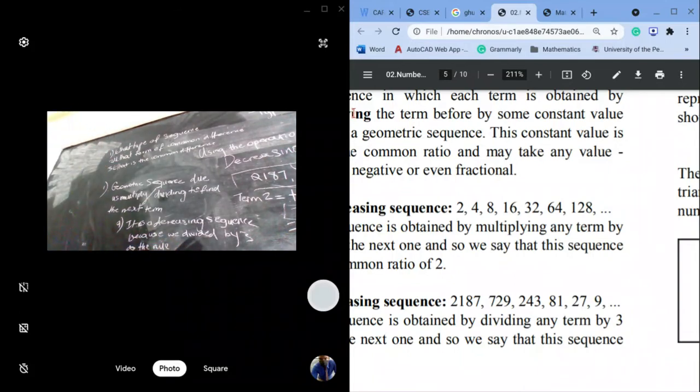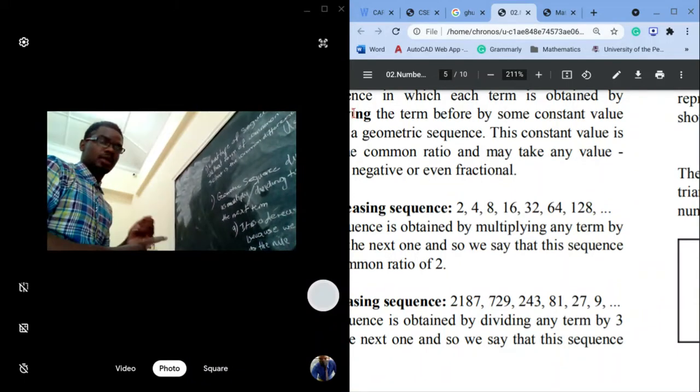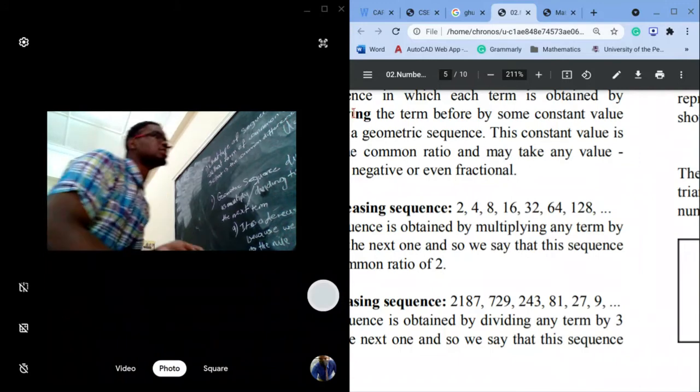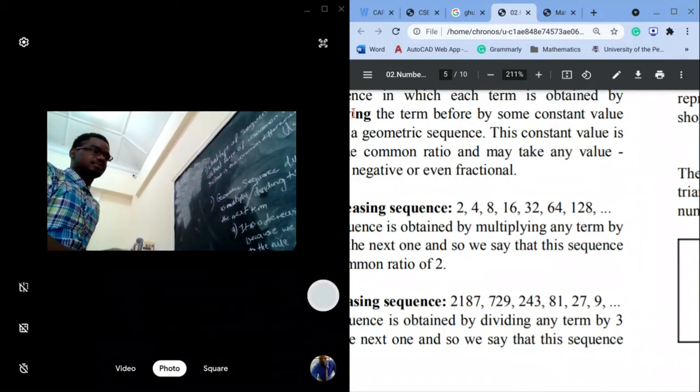2, what form of common difference? Division by 3. All right? No, sorry. What is the form of common difference? That's going to be either a positive, a negative, or a fractional common difference. In this case, it's going to be what?